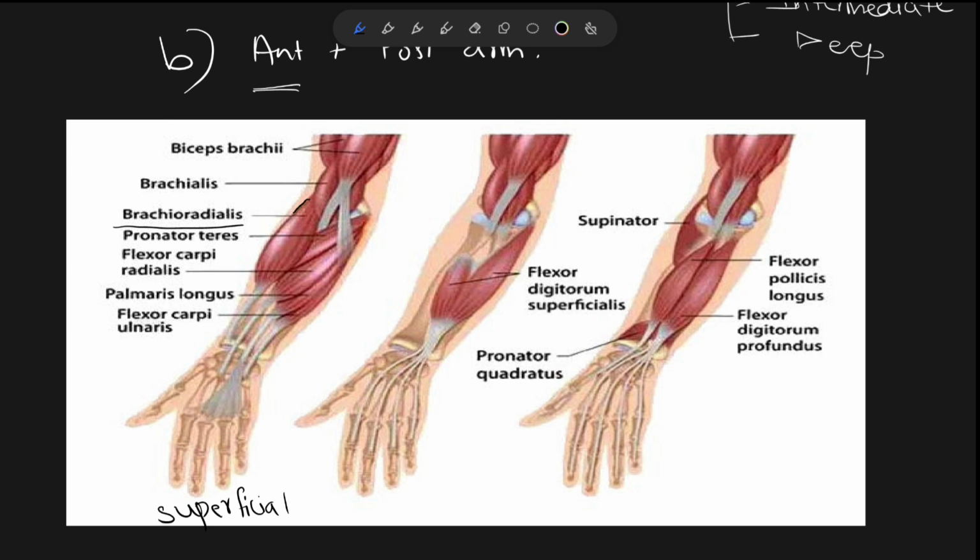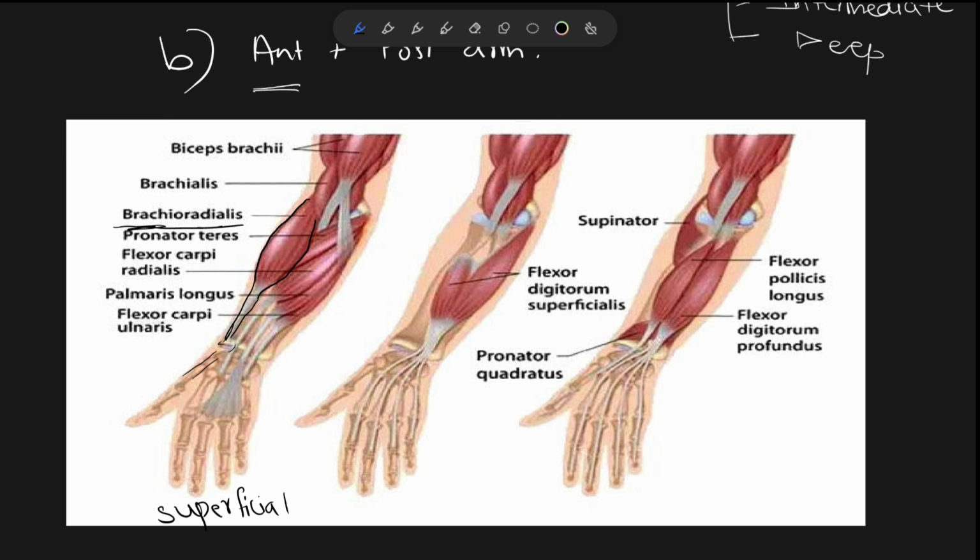This is the lateral most muscle of our forearm. Brachio means from arm, and radialis means it attaches to the radial side. Our thumb is on the radial side, that is the radius bone. So it is named brachio, arm, radialis, to the radius in the distal part. Okay, so this is the brachioradialis.